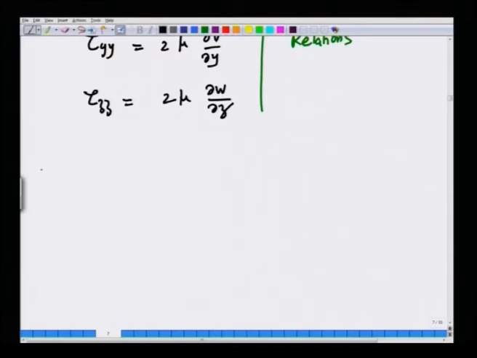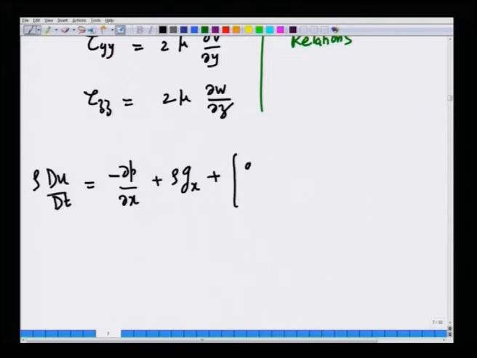So, now let us substitute all this in the momentum equation. Let us go step by step. For the x momentum equation, plus rho g x plus we had partial tau x x by partial x plus partial tau y x by partial y plus partial tau z x by partial z.